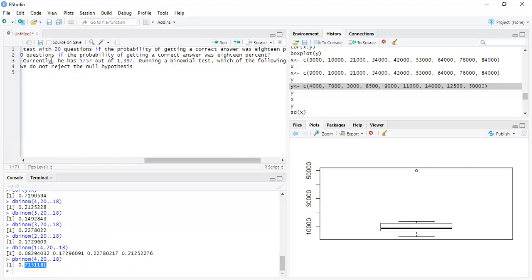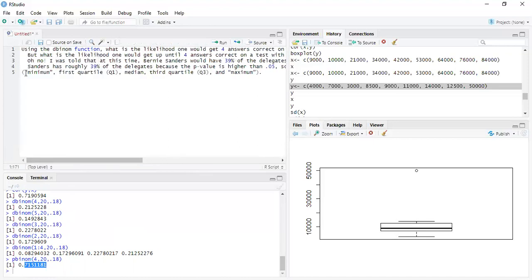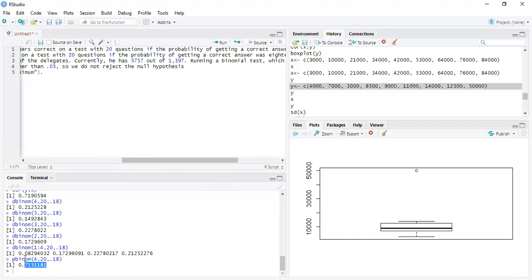So when you look at it up here, I put the questions up. What is the likelihood one would get up to 4 answers correct on a test? So that's getting 1, 2, 3, or 4 correct. My hunch is it'll just go up, because is there a higher likelihood to get at least 5, 1, 2, 3, 4, 5?